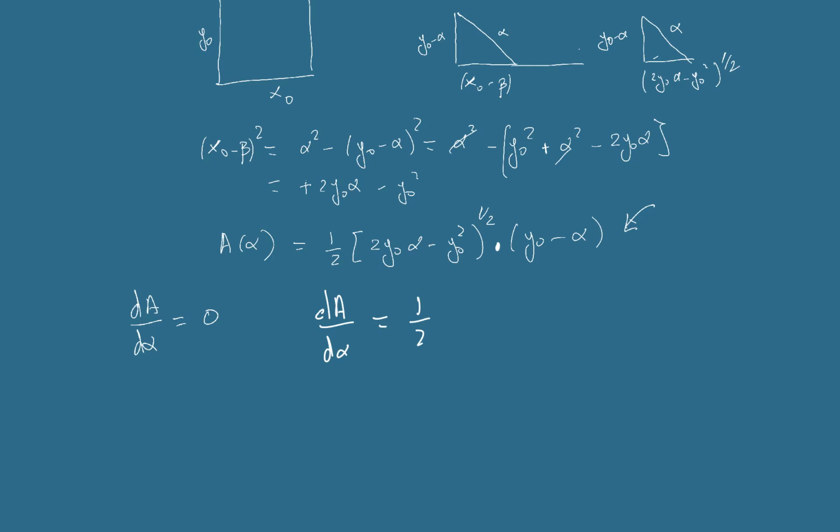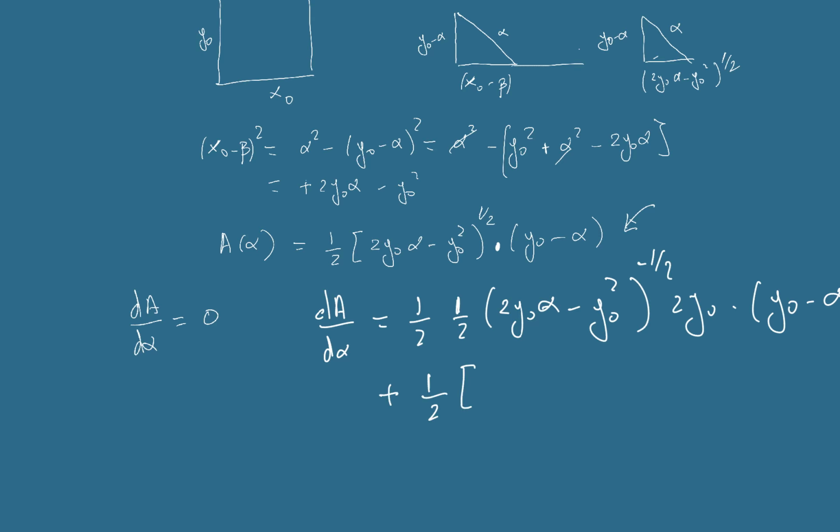The derivative of the first is 1/2 times 2y0 over the square root of 2y0 alpha minus y0 squared, by the internal derivative, which will be 2y0, multiplied by the second, plus the first, square root, 1/2, multiplied by the derivative of the second.